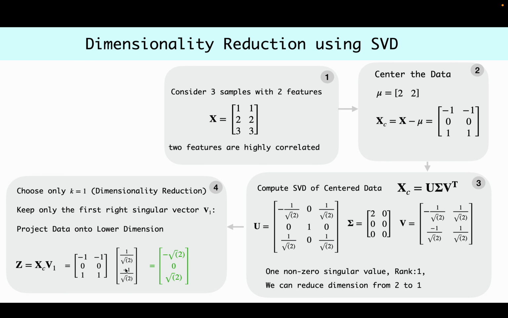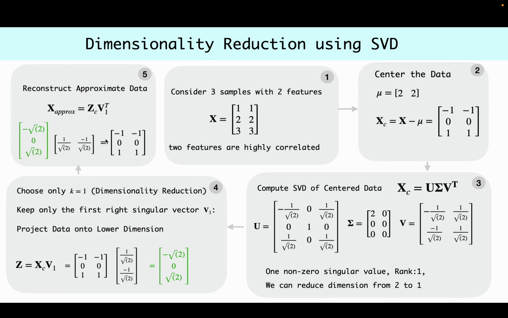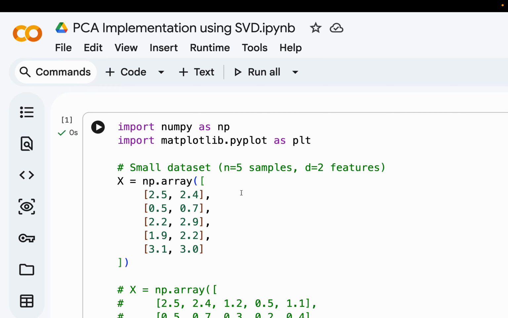We consider only one singular vector V1 and construct the Z matrix, and when you reconstruct, we get X approx similar to our centered data, and when you add the mean, you get back the original matrix X. Let us now discuss how PCA is implemented using SVD in Python.